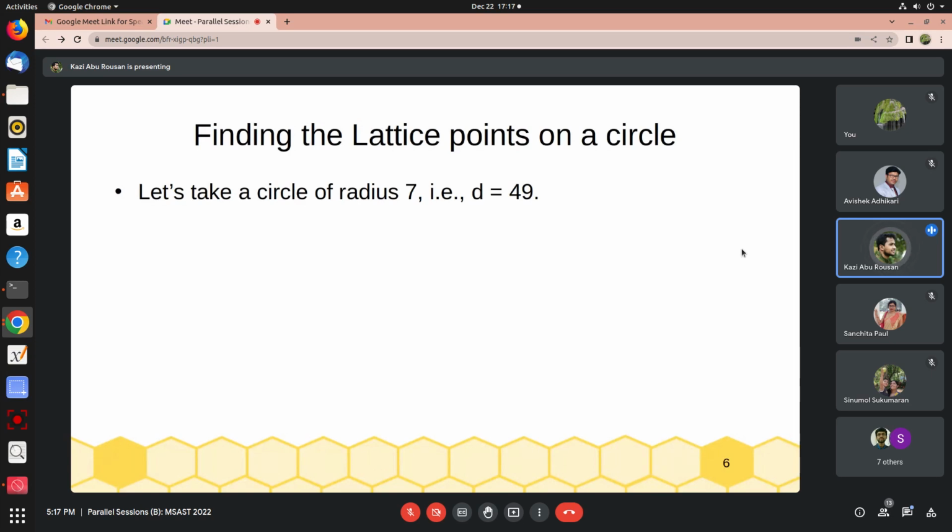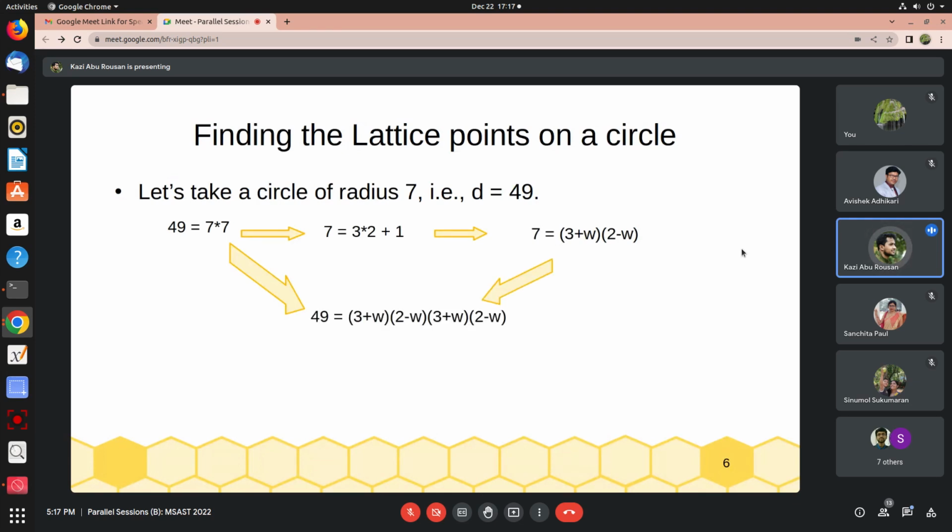Whenever we take a circle of radius 7, we are analyzing the square of that number, that is 49. We can write 49 as 7 into 7, and I have just shown that 7 is in the form of 3k plus 1, so we can factor this out in this form. Now, using these two things, 49 can be factored as something like this.